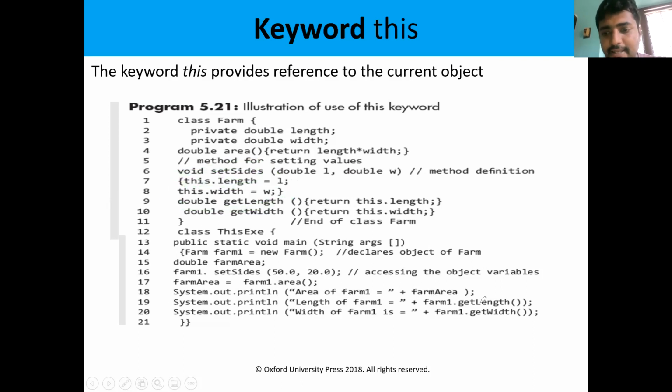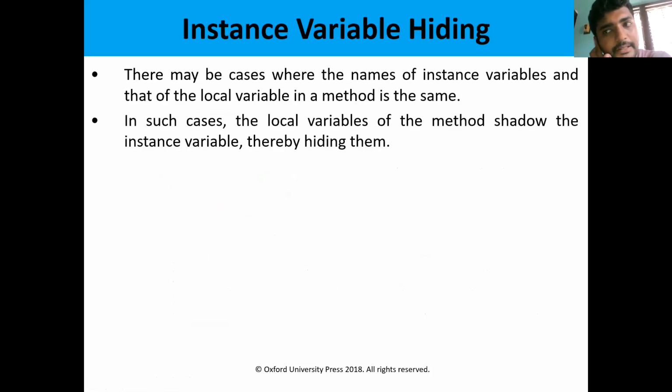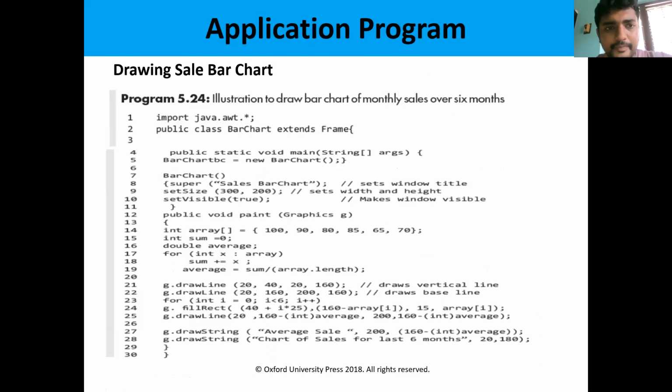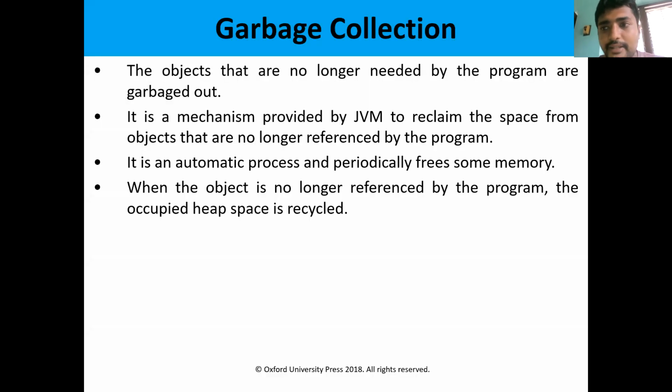So this is all about the classes and objects. Then we have garbage collection. Garbage collection means if you declare variables or objects, we need some memory space. The memory space will be automatically deleted or freed.